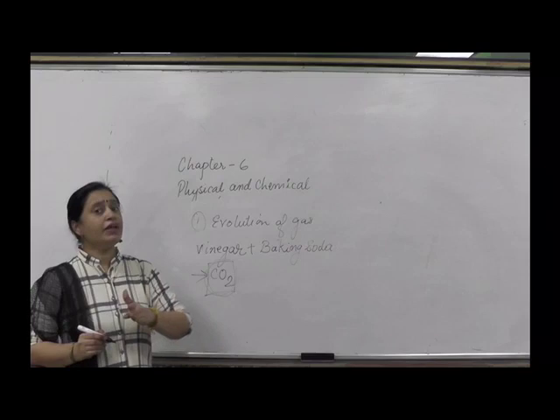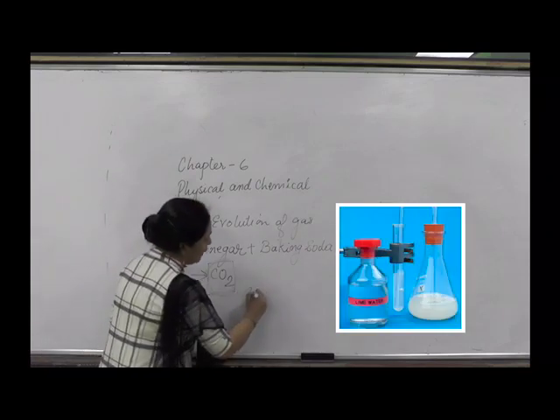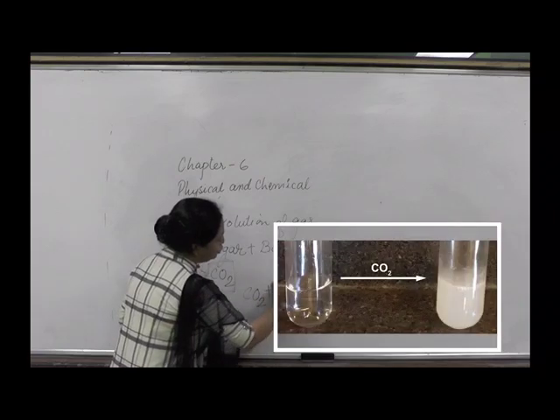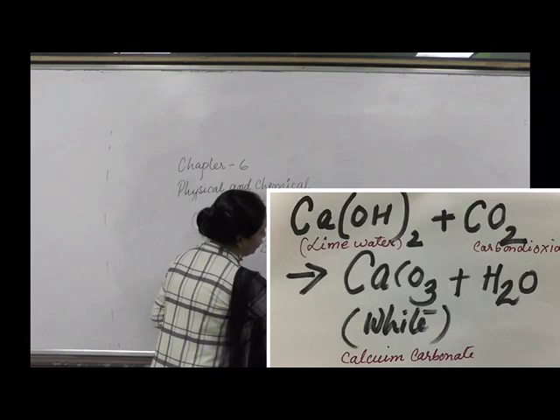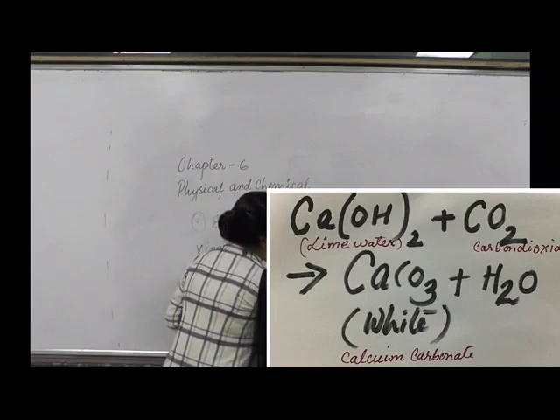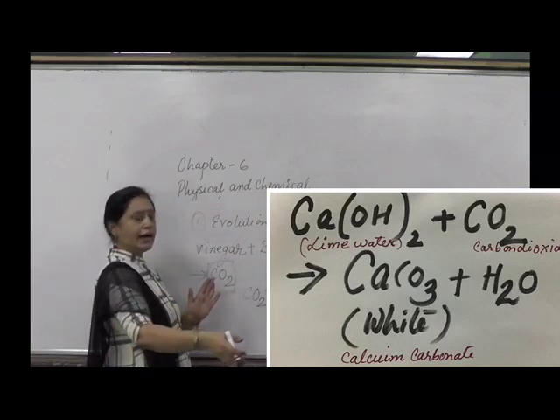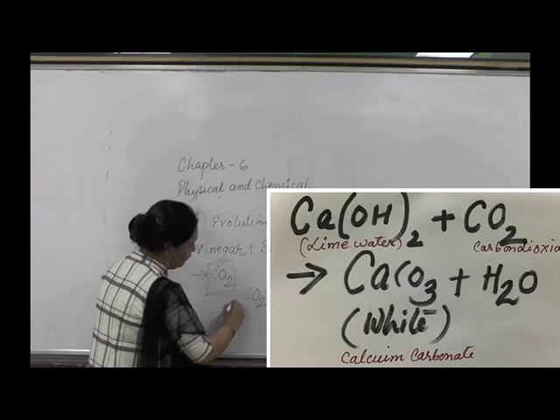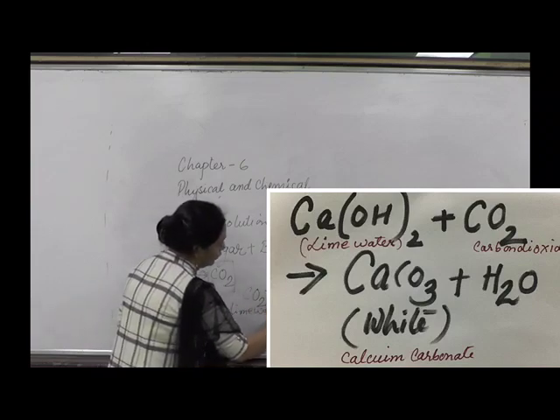How can we prove that it is carbon dioxide gas? By passing it through lime water. What is lime water? It is calcium hydroxide. When we pass this gas through lime water, it will turn milky.